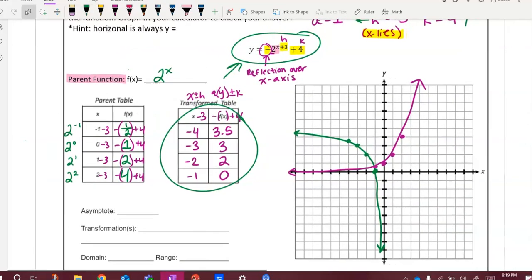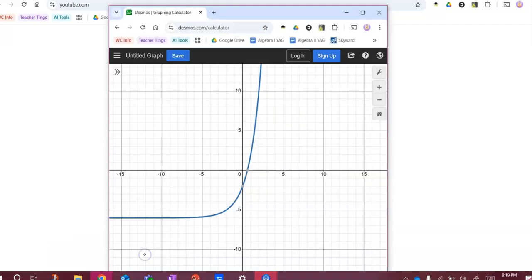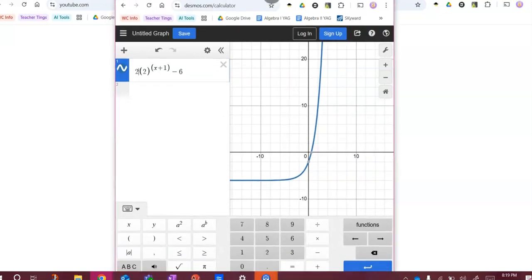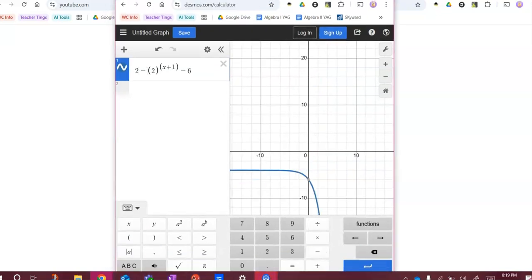Okay, let's actually check our work because mine is weird. Sure, it's right still. All right. Oh, did I do this already? No. But I did have one ready, so we're just going to fix it. Say negative 2 to the x plus 3, I think it was, and plus 4.